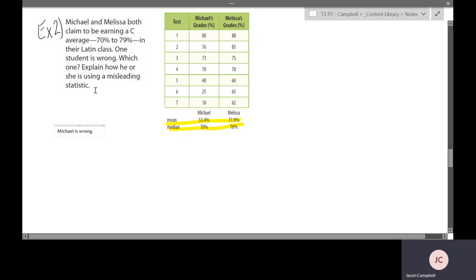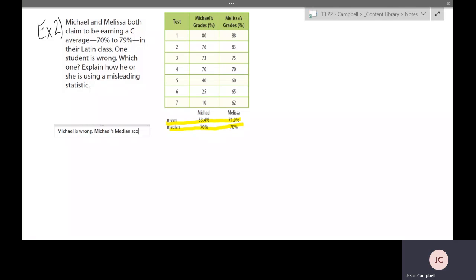Explain how he or she is using a misleading statistic. Michael's median score is 70%. However, his mean is only 53.4%.